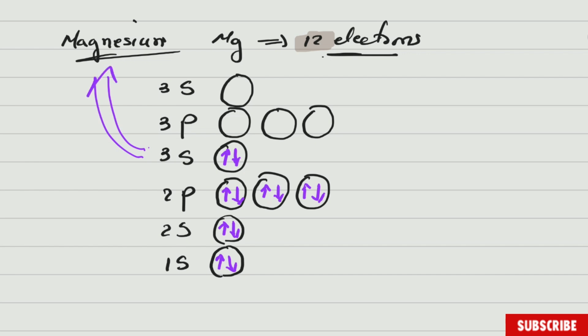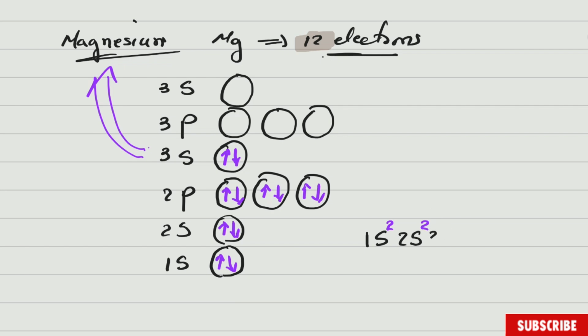I hope you understand. Now, if you want to do the spectroscopic notation, all you have to do is come here and say energy level 1 orbital s with 2 electrons, so it's to the power 2. Energy level 2 orbital s with another 2 electrons.